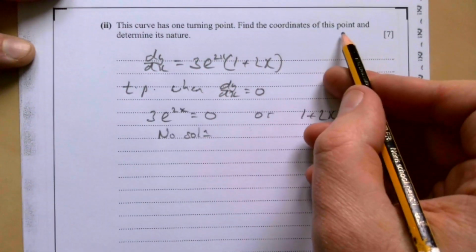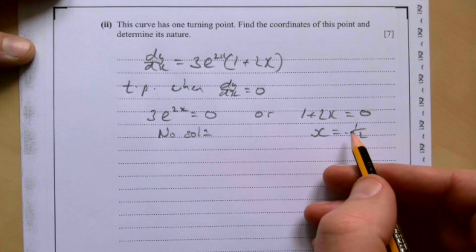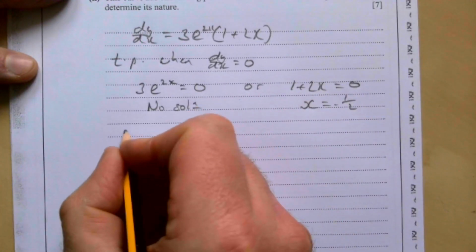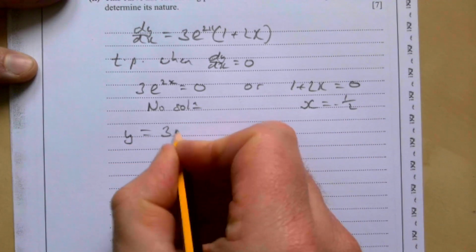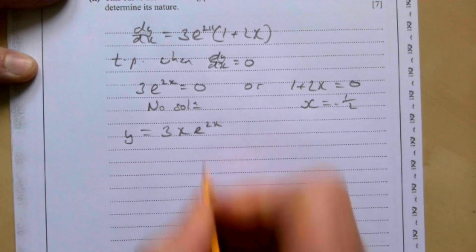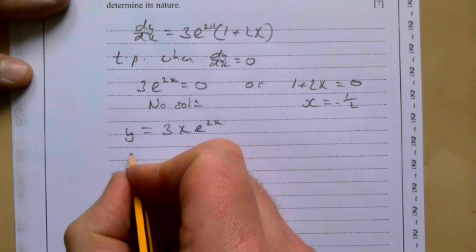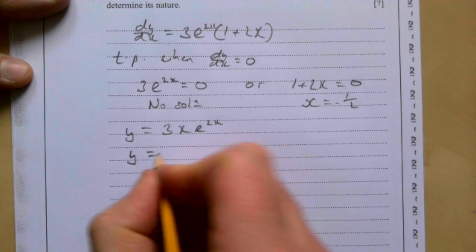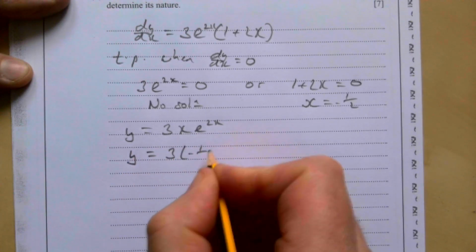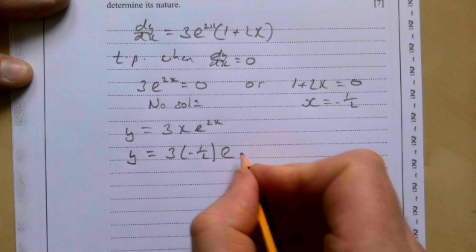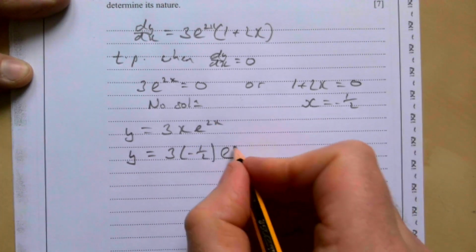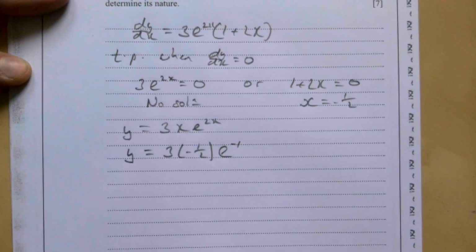So we need to find the coordinates of that. So to find that, we substitute it back into the original equation. Y equals 3xe to the 2x. So that gives me y equals 3 upon minus a half. Minus a half times that then is e to the minus 1.